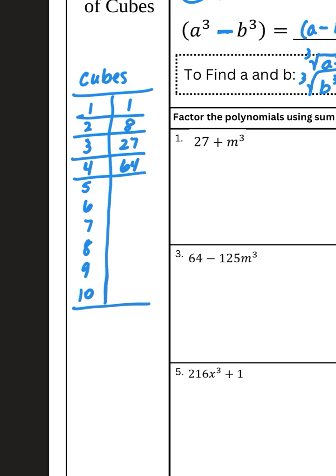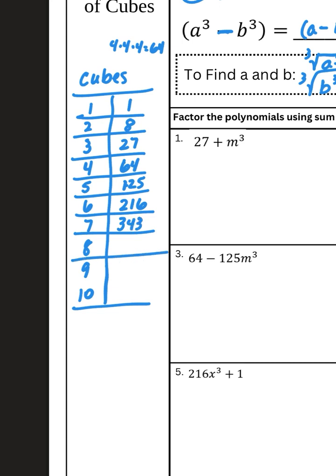Remember, cubed means you do the same number times itself 3 times, like 4 times 4 times 4 is 64. That's where that comes from. 5 cubed is 125. 6 cubed is 216. 7 cubed is 343. 8 cubed is 512. 9 cubed is 729. And 10 cubed is 1,000. So just have that list handy.